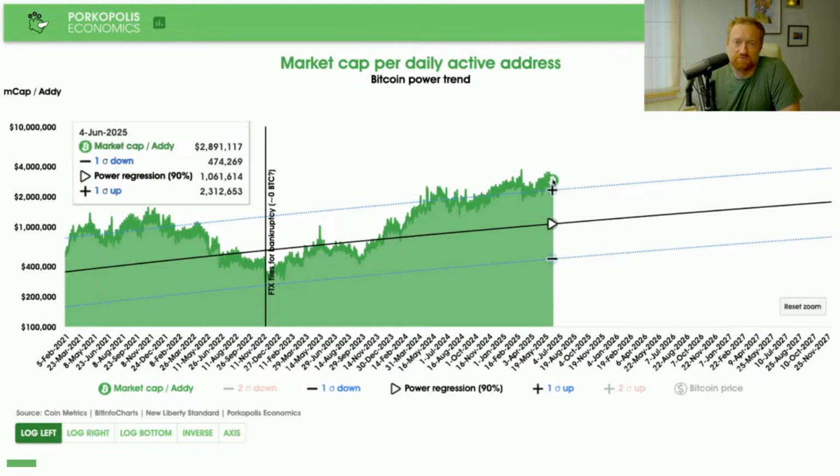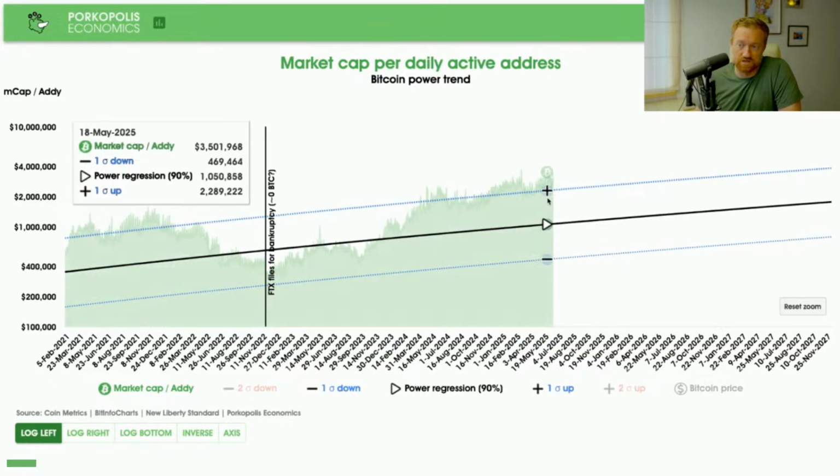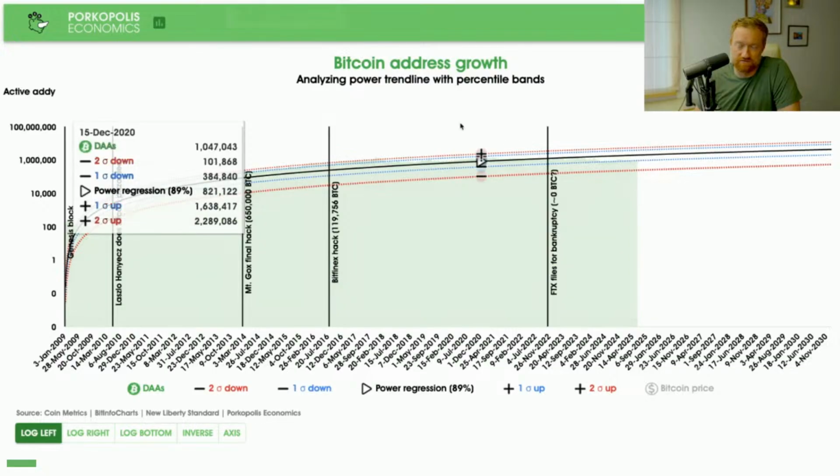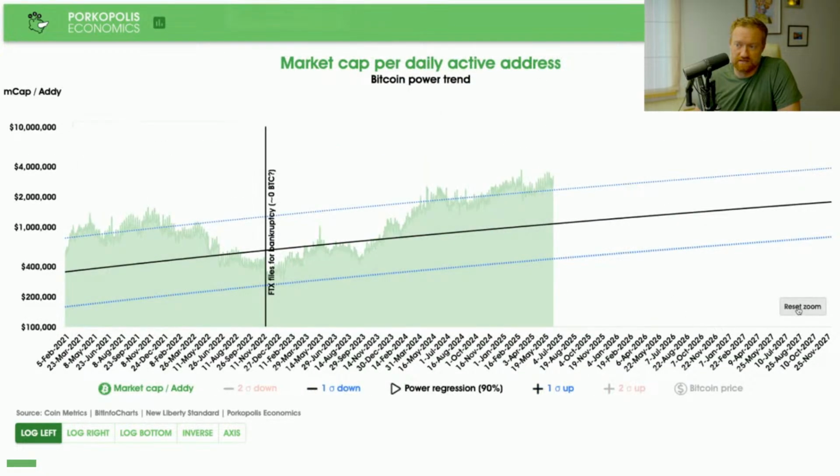Okay, so every time there's a unique address every day that sends or receives on the Bitcoin network, count that up. Take the market cap divided by that, it's $2.9 million. The trend line is only 1 million. All right, so we're well above trend, as you would expect if trend was falling.